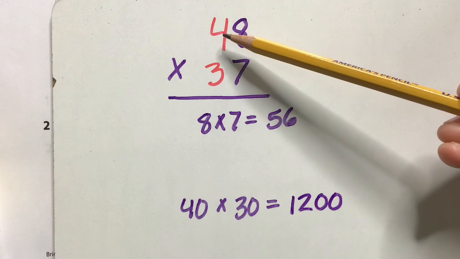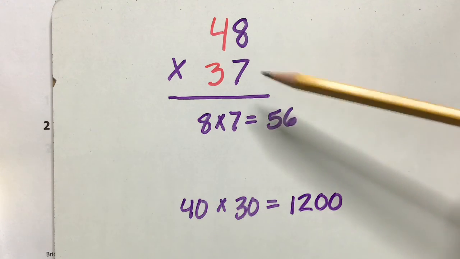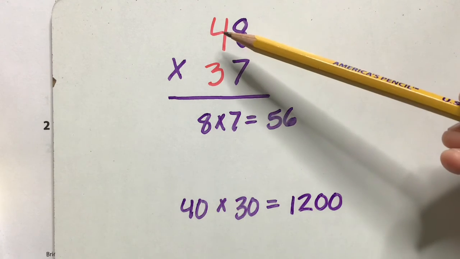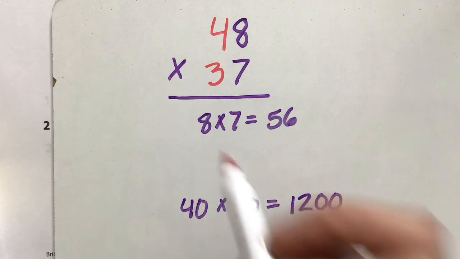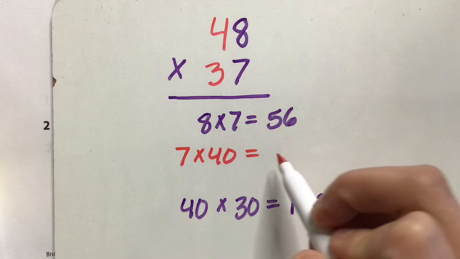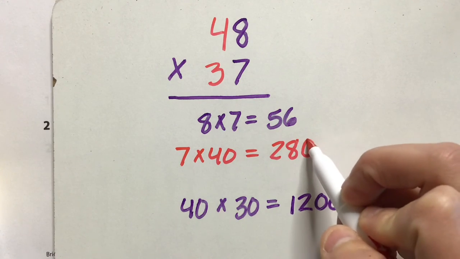This is actually 40. So this would be 8 times 7 is 56. And then we're going to go 7 times 40. Which will be 7 times 4 is 28 with a 0 at the end.